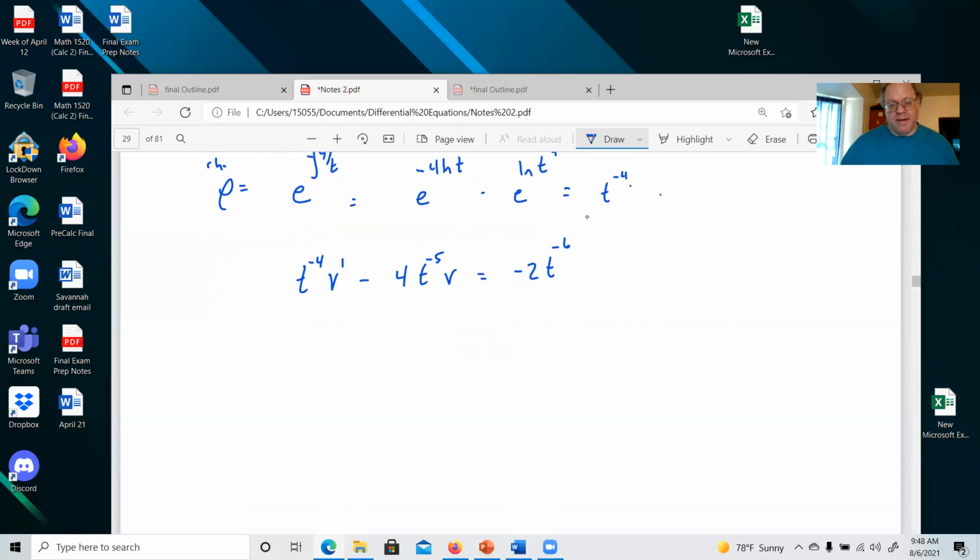I really recommend, when you put these two together, if I took this derivative implicitly, would I actually get the thing above me? That's going to be a negative 4 t to the negative 5, yes. So double check to make sure that this product actually works out for the line above it.